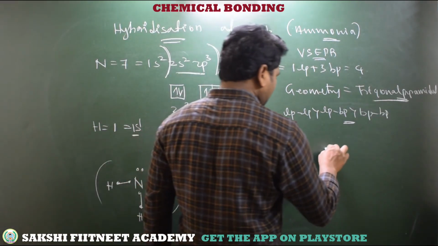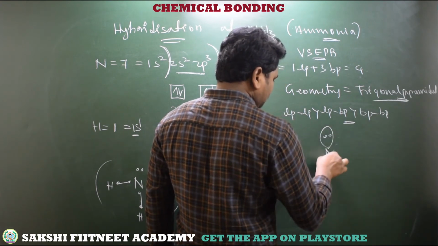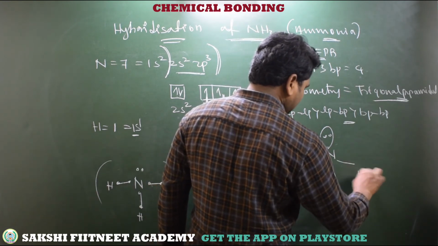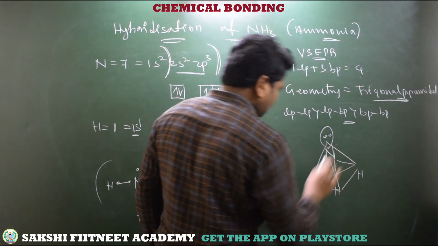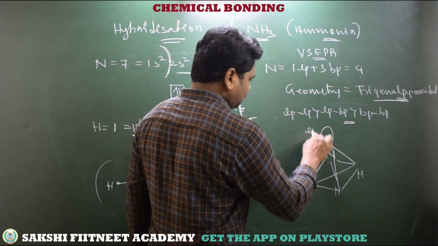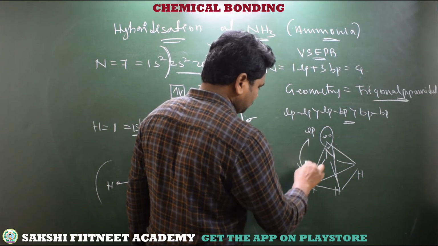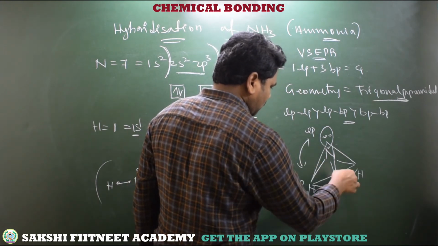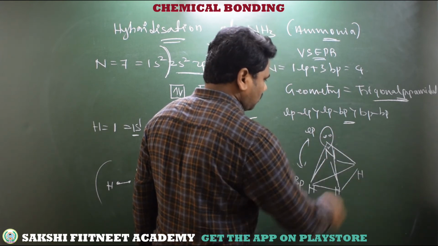So what about the structure here? This is nitrogen, which has a lone pair, and the remaining three bonds exist like a pyramid like this. See here, we have lone pair-bond pair repulsion, and bond pair repulsion between hydrogen and hydrogen. Again here, lone pair-bond pair repulsions.